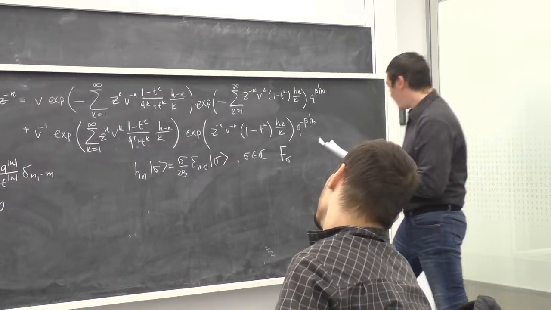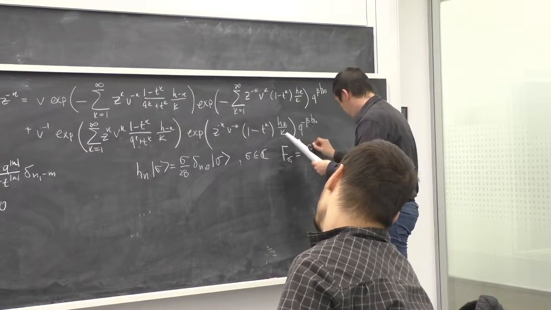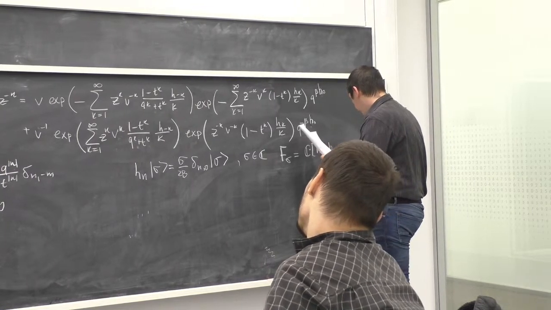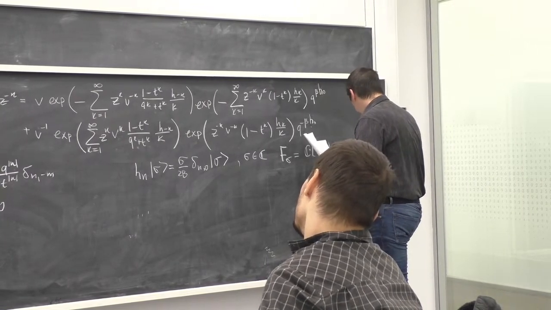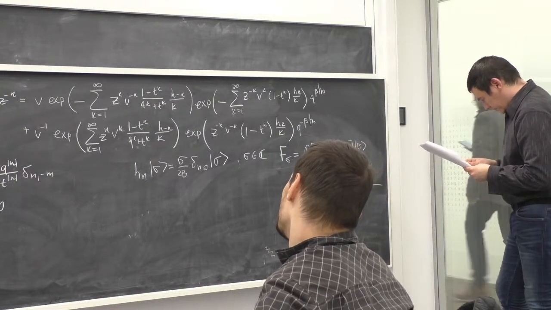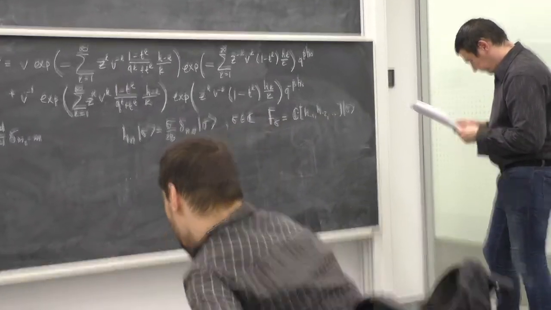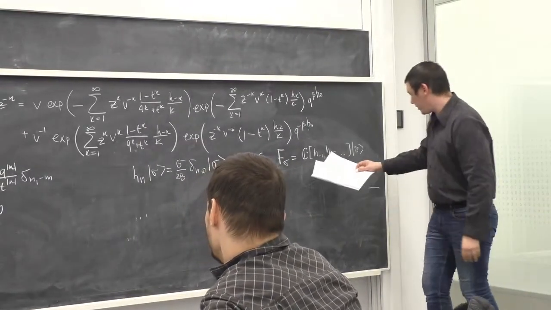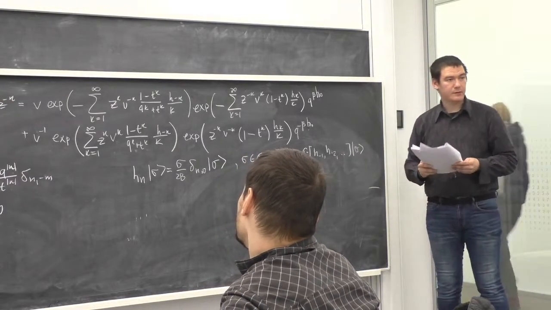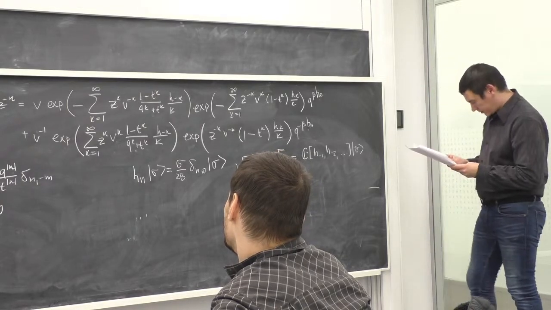So basically, the vector space is the span of H's acting on C. So you have all the negative modes acting on this vector. Not quite.